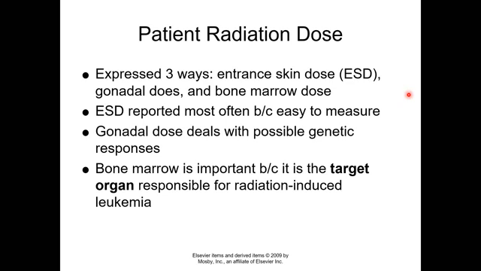And it is a target organ because it is responsible for radiation-induced leukemia. And what's going to be said in a different slide, but I just want to bring it up now, is that your marrow dose is determined based on whatever active marrow has been exposed. So any marrow that's actively producing cells, that is where the dose is going to be measured in that area.